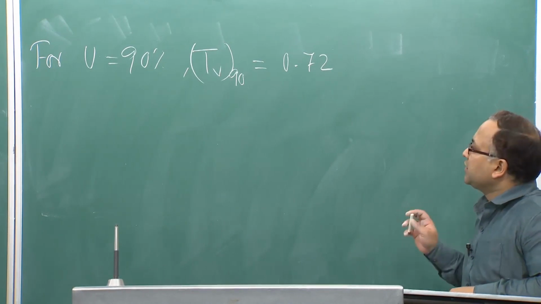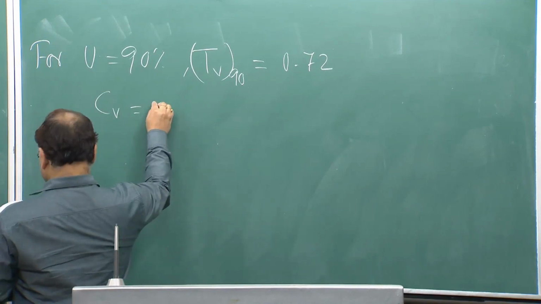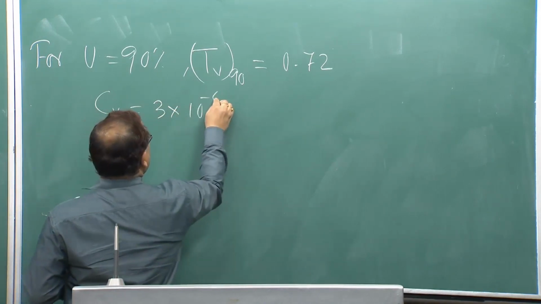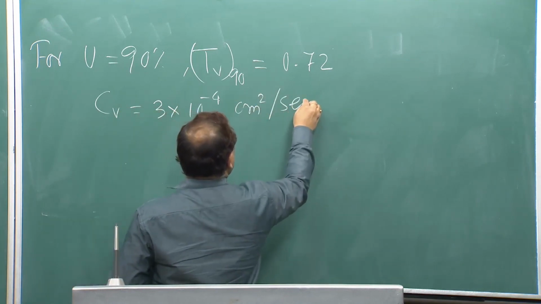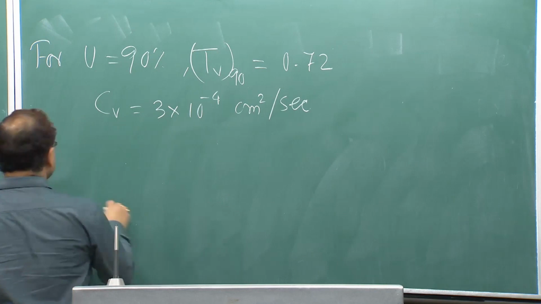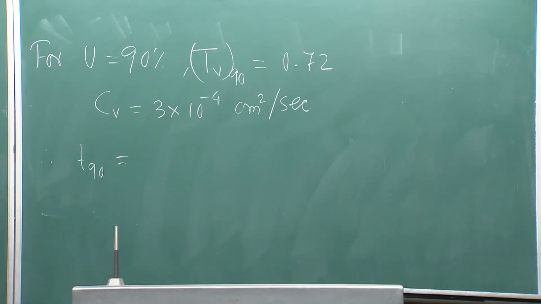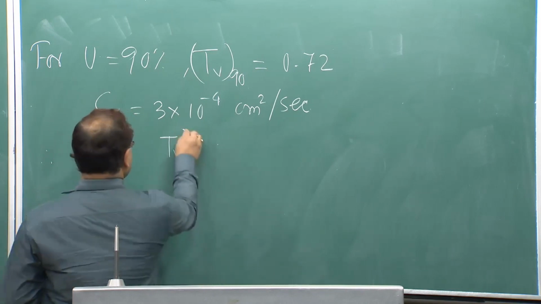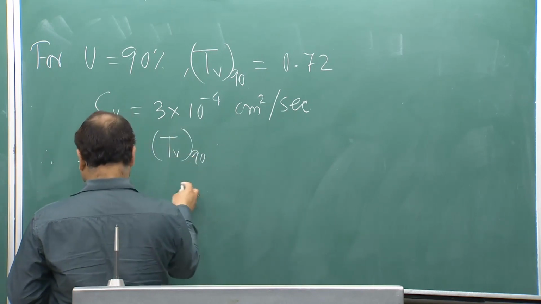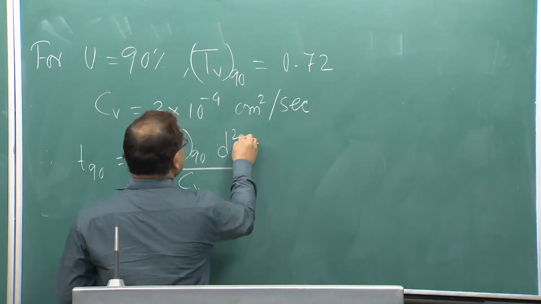The TV is equal to 0.72 and your CV is given as 3 into 10 to the power minus 4 centimeter square per second. From this I can get T 90, that means the time required for 90% consolidation. T 90 is equal to TV 90 by CV into D square.